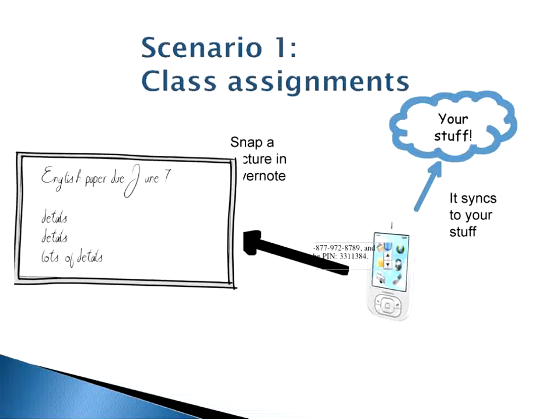So they go back home, it's right there in Evernote, and they're able to read it while they're at home sitting down to do the assignment. That's cool stuff. That right there is a way for students to take advantage of the simplicity of using a camera to take notes.